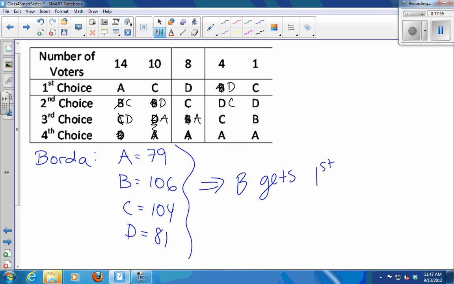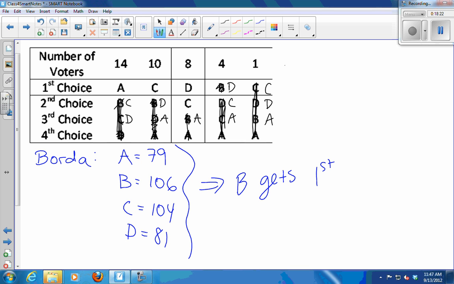So this is going to be D, C, A, and this would be C, D, A. So I made a new preference schedule that only has 3 candidates in it, ranked 1, 2, 3. So I have to do Borda again with this new preference schedule.